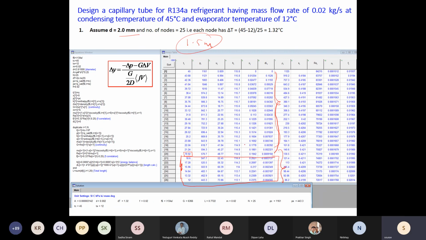So 2 millimeter diameter, 1.5 meter length, I will be sizing the capillary tube for this evaporator temperature and pressure. And let's say I place it in my system.